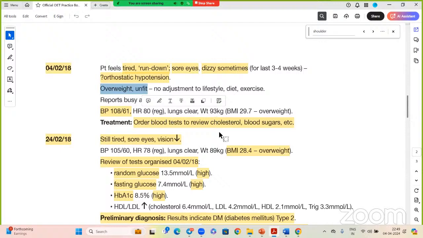Weight reduction was not possible. See, still overweight, still unfit.